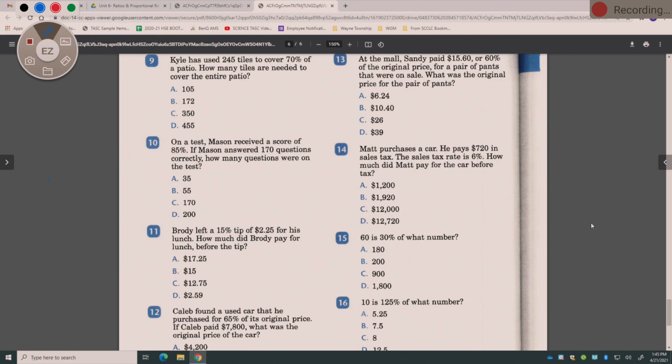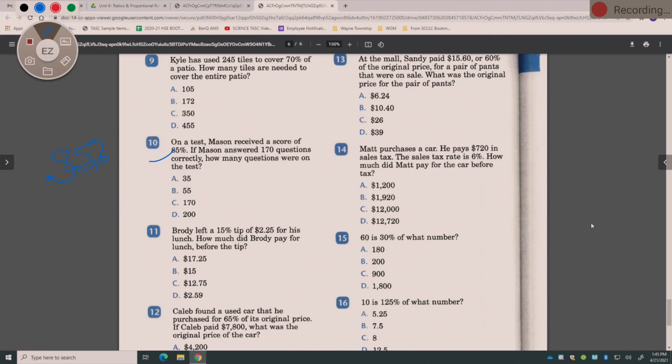On a test, Mason received a score of 85%. If Mason answered 170 questions correctly, how many questions were on the test? So first step, 85%. Start here, 1, 2 spaces.